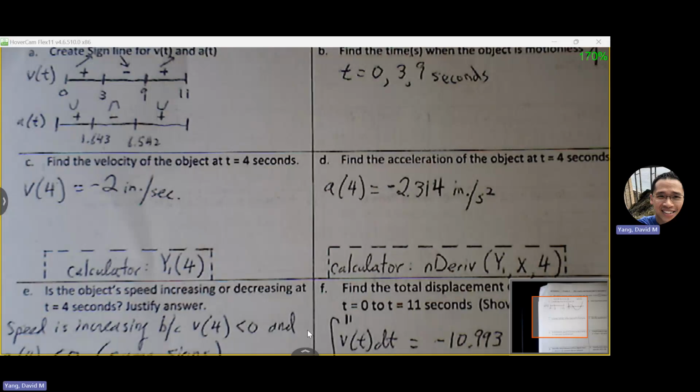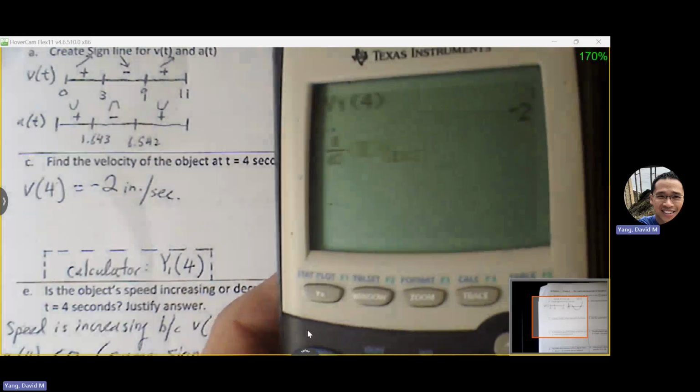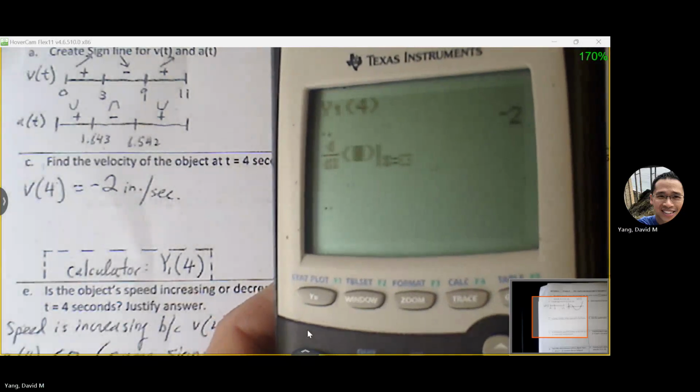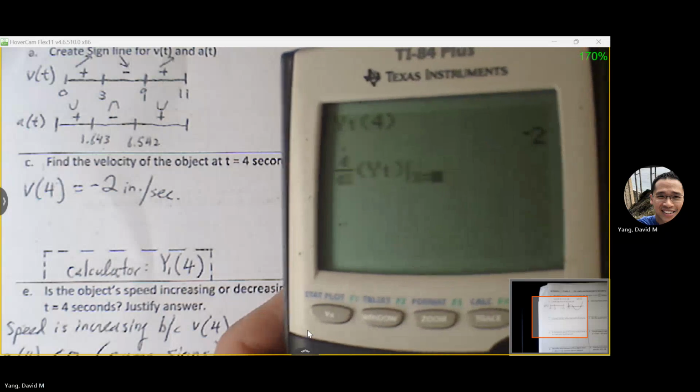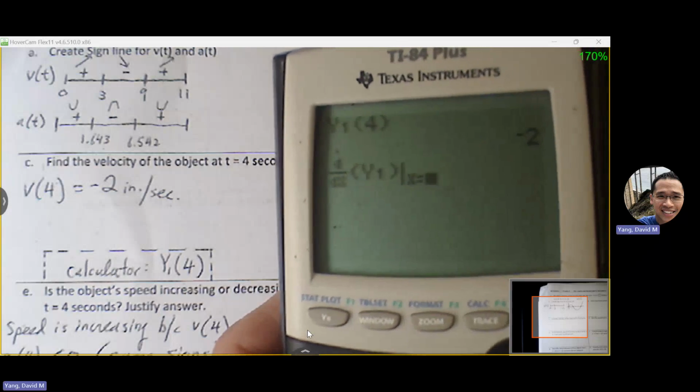Part D is asking for the acceleration at 4 seconds. You know, acceleration is the derivative of velocity. So we're going to make the calculator find that acceleration value for us. So we do math 8. Math 8 will take you to your nDeriv feature. d over dx, and then alpha trace y1, and then x equals 4.